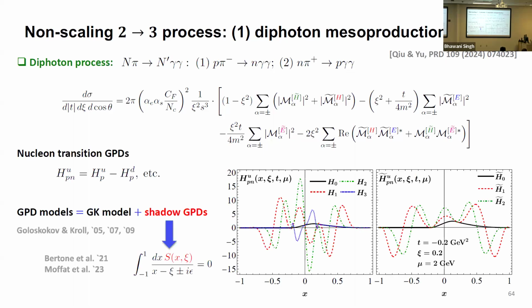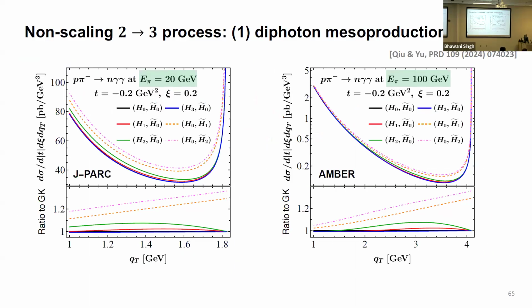We can test the sensitivity to the X dependence by creating different shadow GPD models, adding them to a given model, and making comparisons for the QT dependence or the theta dependence. Different models give us different distributions for theta or for QT. So from this QT dependence, we can distinguish the shadow GPDs from the real GPDs.